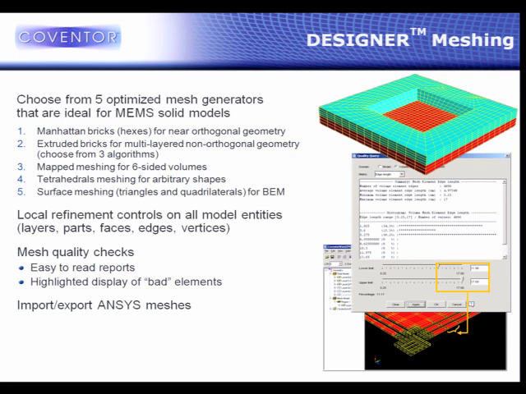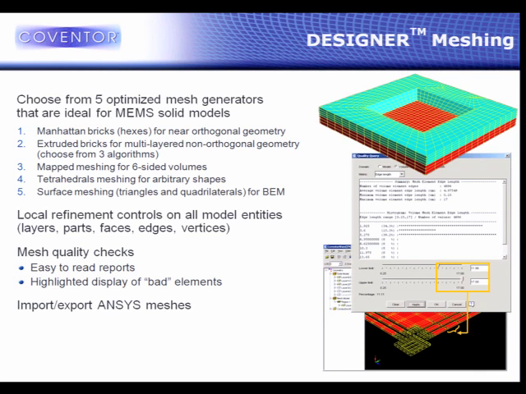So there's a Manhattan mesher that generates bricks that works not just for pure Manhattan, but for slightly non-orthogonal geometry. Where that can be useful is oftentimes with MEMS like DRIE, you'll have slight sidewalls on the process. It'll still work with those sidewalls there, if certain sides are not perfectly Manhattan. Manhattan means 90 degree angles between everything.